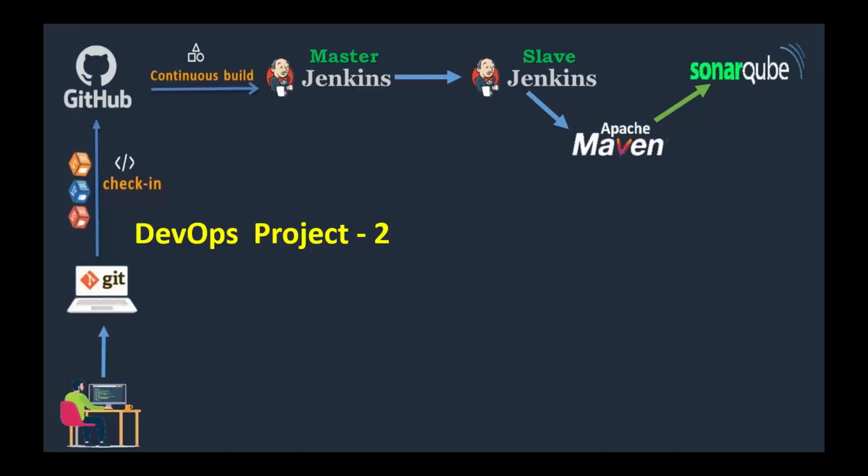It acts as a central hub for static code analysis. For code analysis purposes we are using SonarQube, and it acts as a central hub, providing valuable insights into the health and maintainability of our software projects.